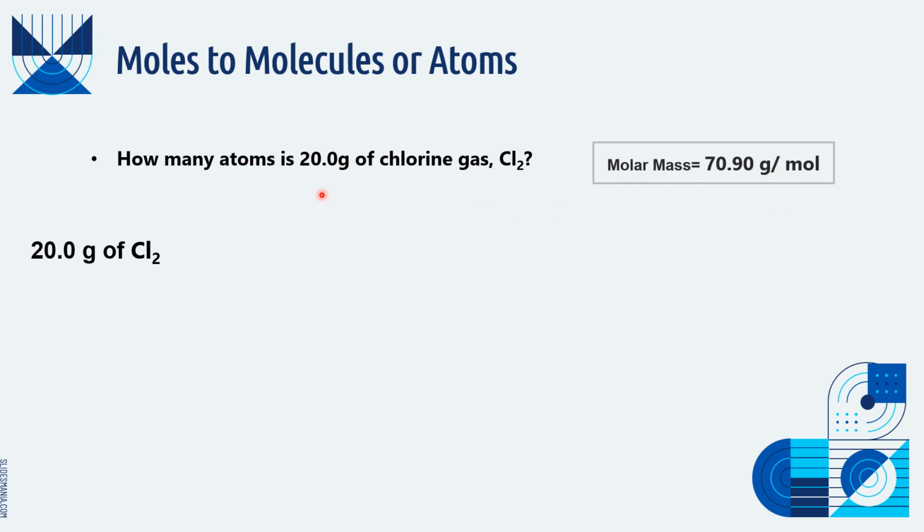So the given is 20.0 grams. So 20.0 gram of chlorine gas to get the number of atoms. In every 1 mole of chlorine gas, there is how many mass? There is 70.90 grams of chlorine gas. Times, just first cancel those given.